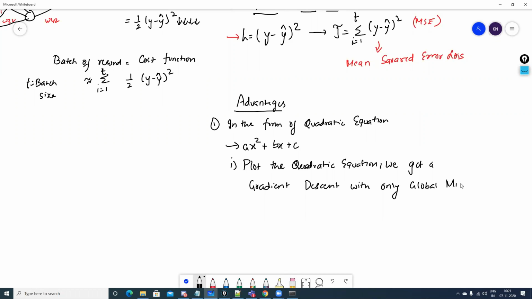Please take note of all these points, guys. Whenever we plot a quadratic equation, we get a gradient descent with only global minima.